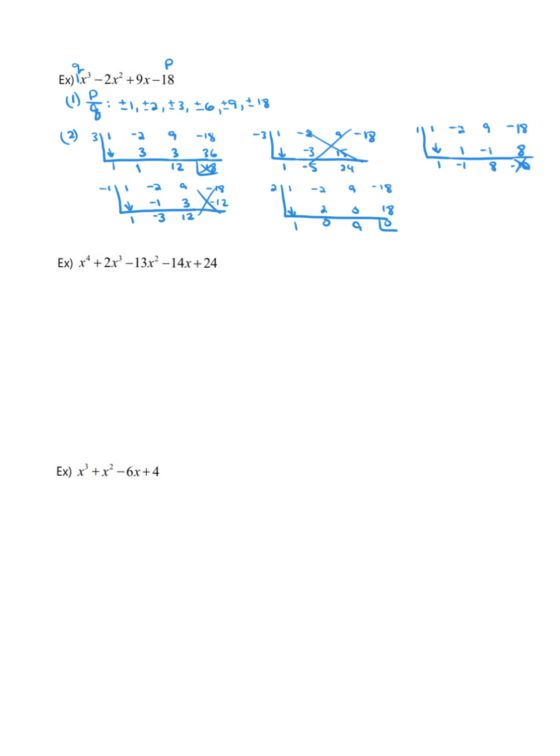So we're going to write f of x equals x minus 2 times remainder constant x squared. All right, so we're solving. So we want it equal to 0. We want f of x equal to 0.